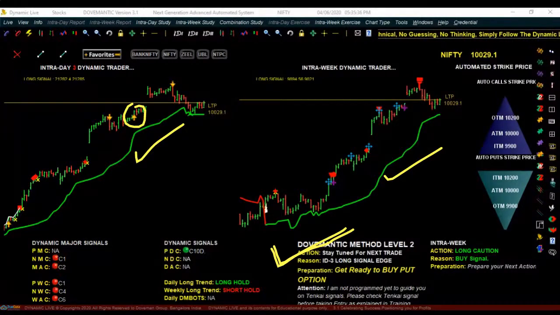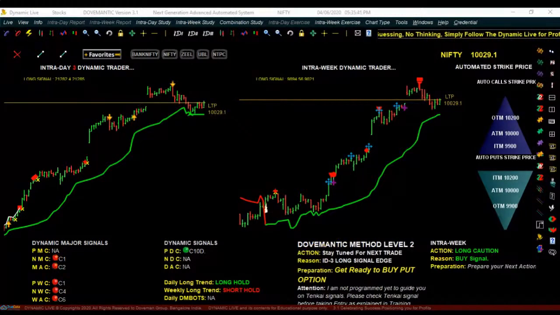But in order to complete this third step, there is one more point that I would like to convey, and for that I have to open dynamic system. Let me open dynamic system for you. Now in dynamic system, I'll have to open a daily chart of any stock or an index.